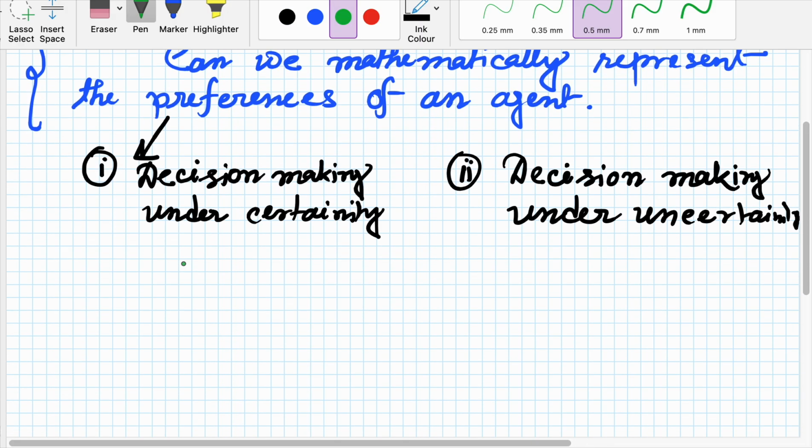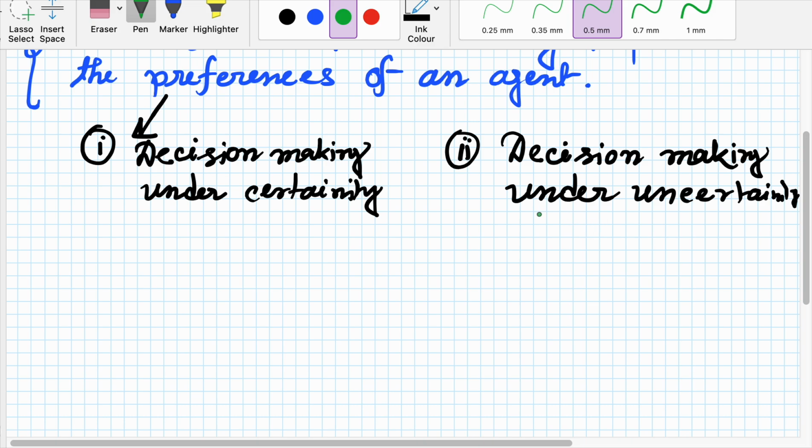So we have seen that uncertainty means nothing but an uncertain situation which can be represented by probability, and we have seen that yes, we can mathematically represent this decision making in terms of utility. That means a real number.